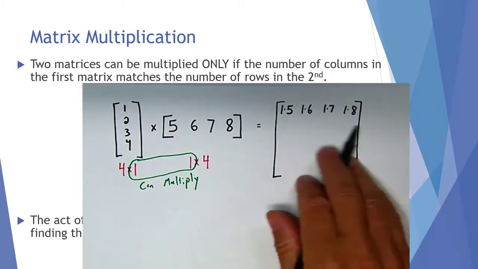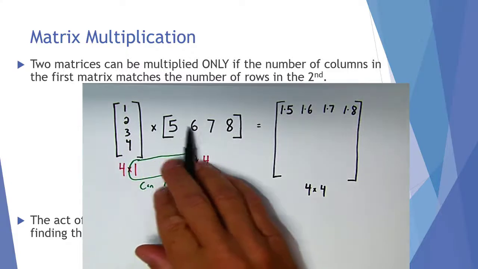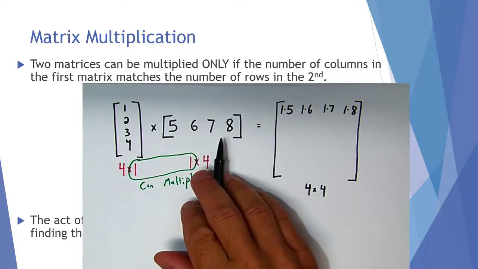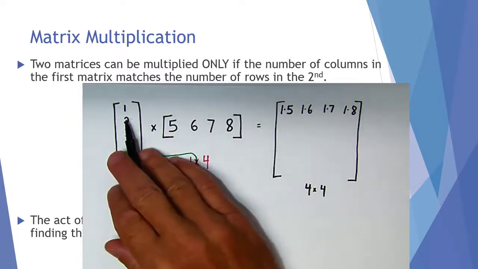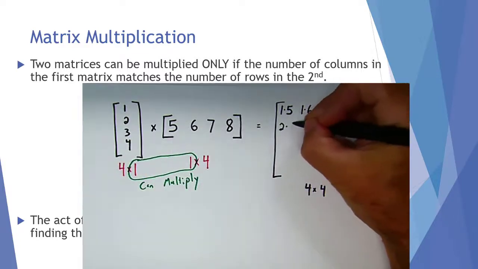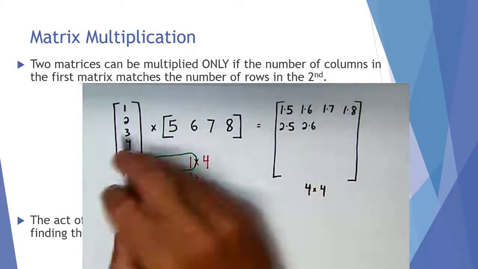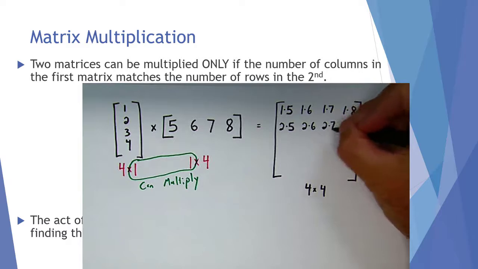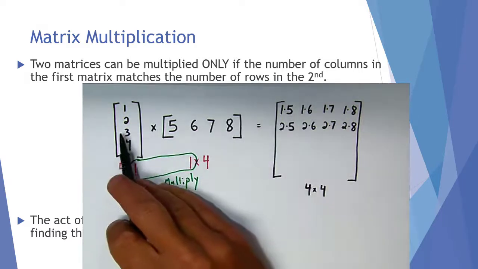Our second row, we're going to take the second row and multiply it by each column. So we're going to take 2 times 5, 2 times 6, 2 times 7, and 2 times 8. Now I'm sure you see the pattern.